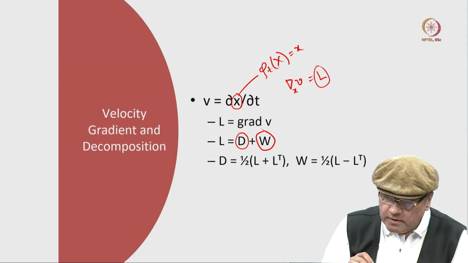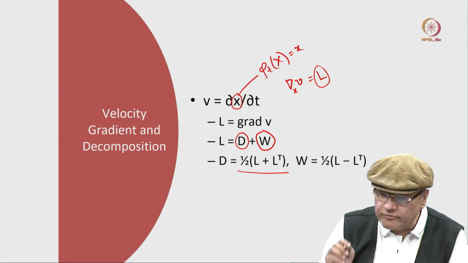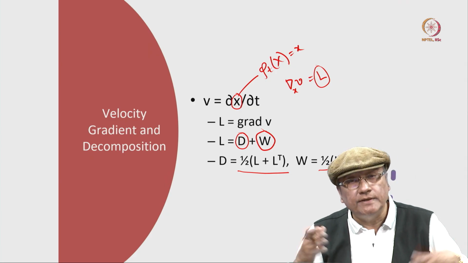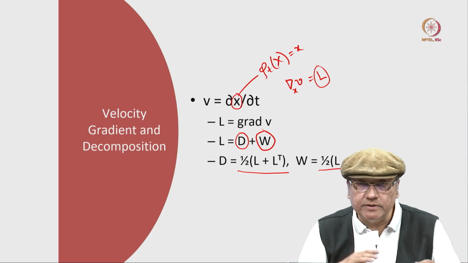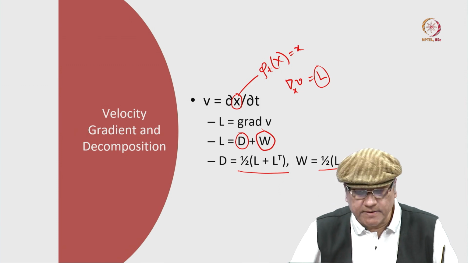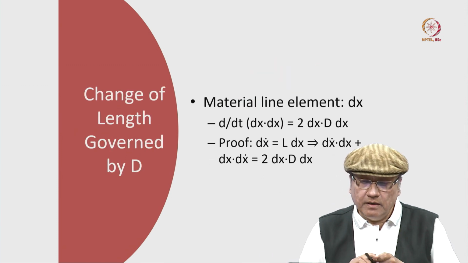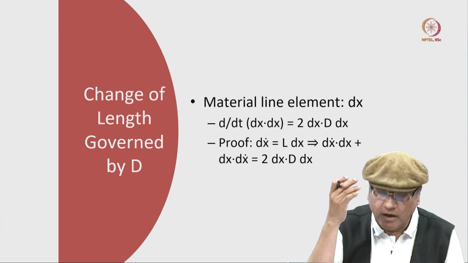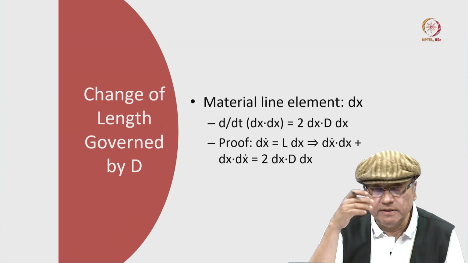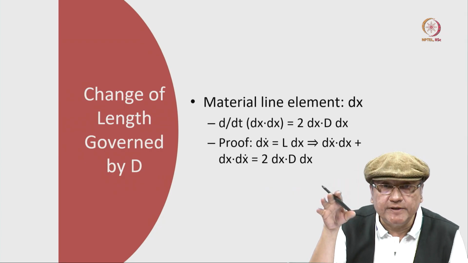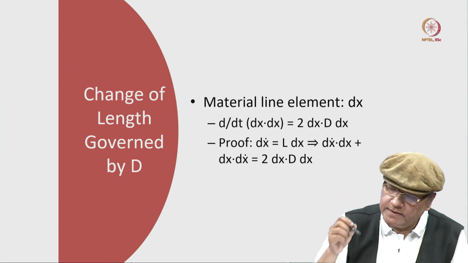By definition, D is half of L plus L transpose, and W is half of L minus L transpose, the way we decompose a matrix into its symmetric and skew symmetric parts. Now we are interested in understanding how L, the velocity gradient, transforms under change of spatial coordinates.